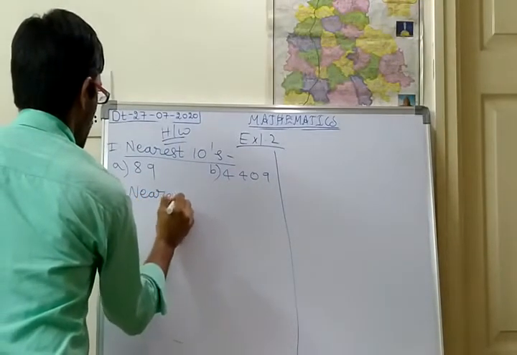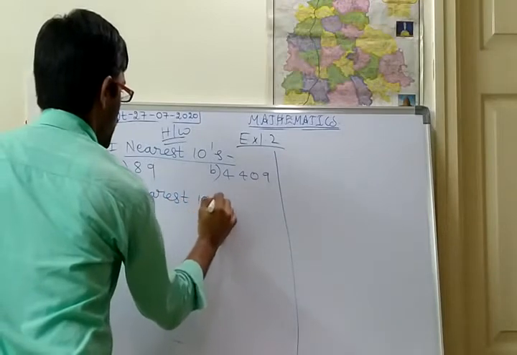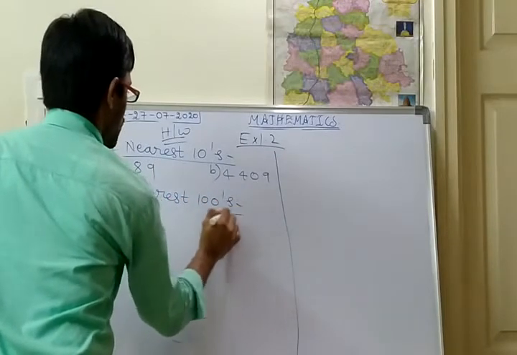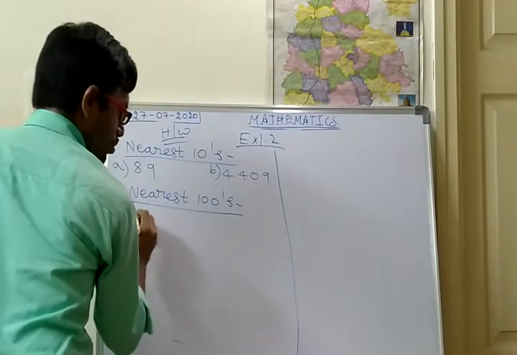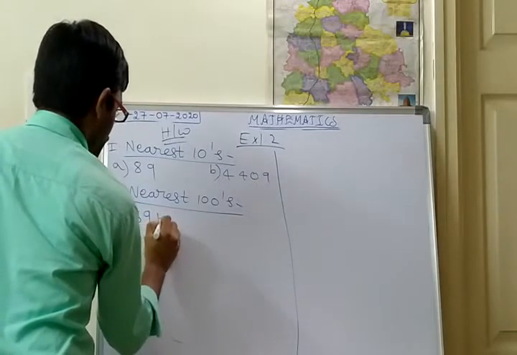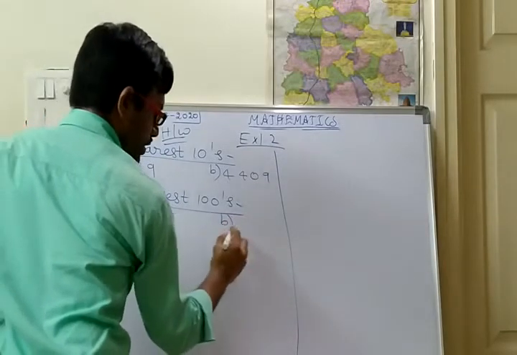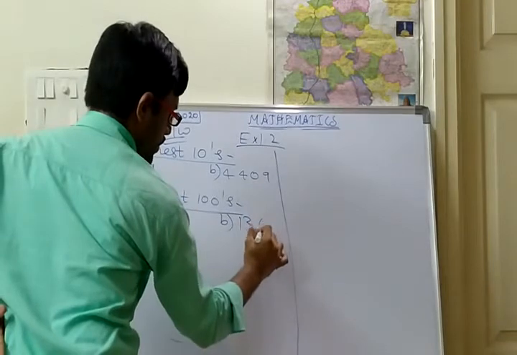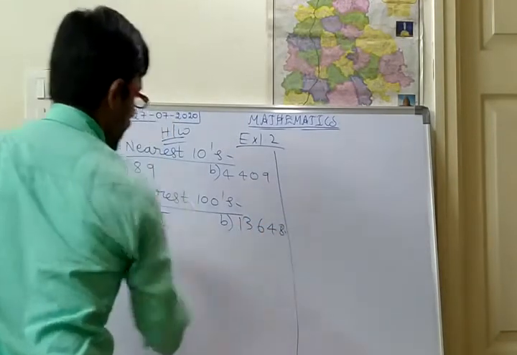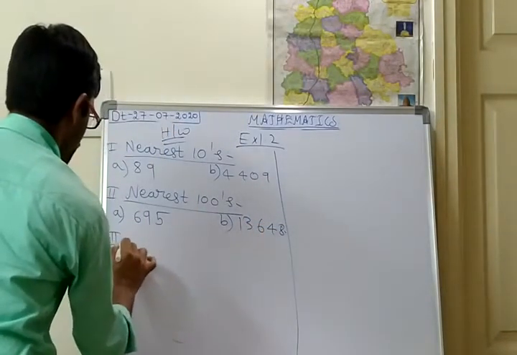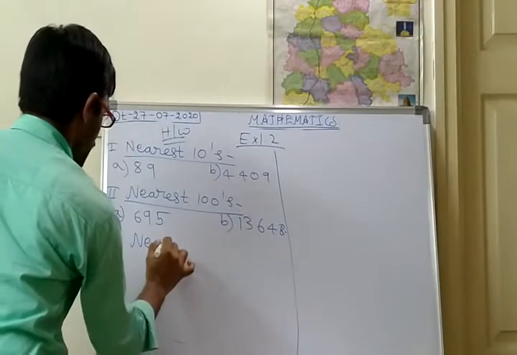Next, second bit, nearest hundreds. In this also two problems: A is 695, next B is 13,648. Next, third bit, nearest thousands.